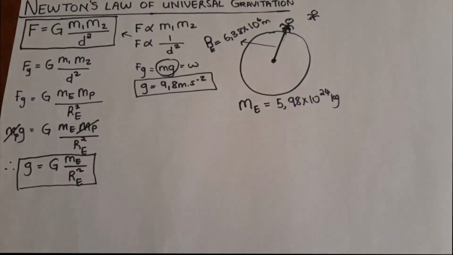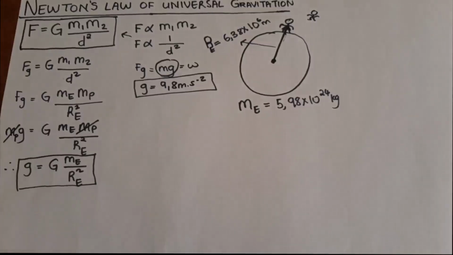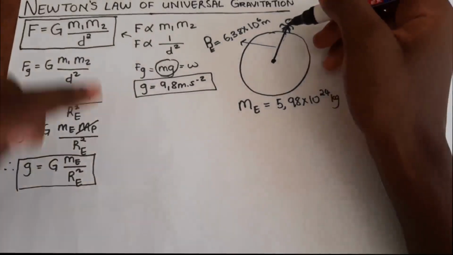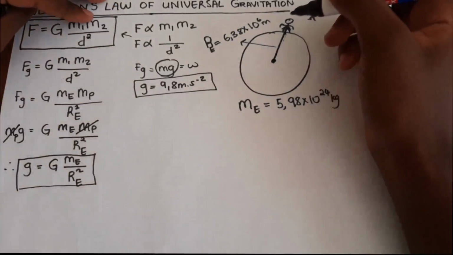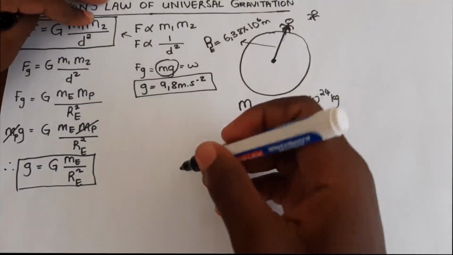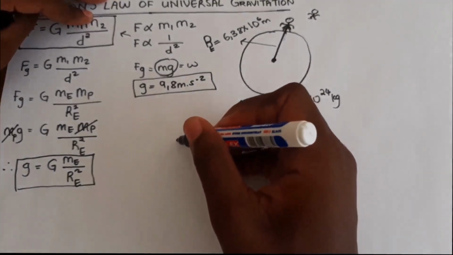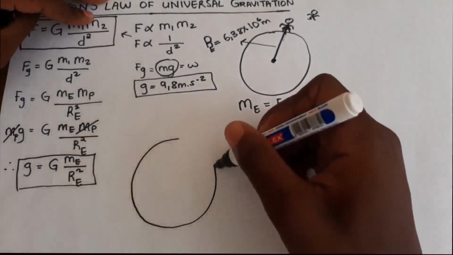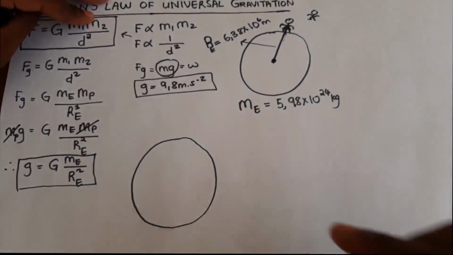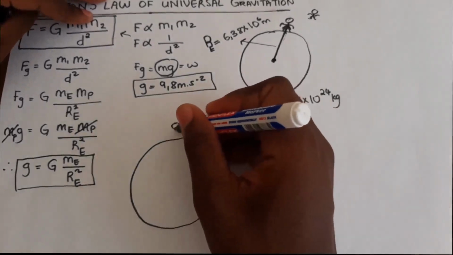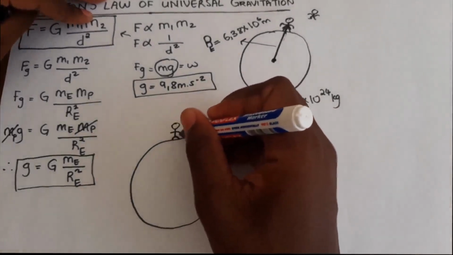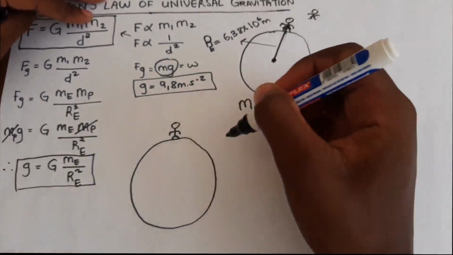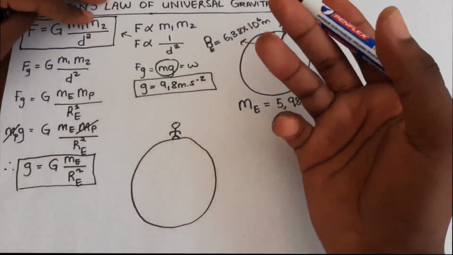When calculating the mass of this person, let's say the mass of this person is, let me redraw it here. So this is the earth, and this is the person on the earth's surface, or on the ground.